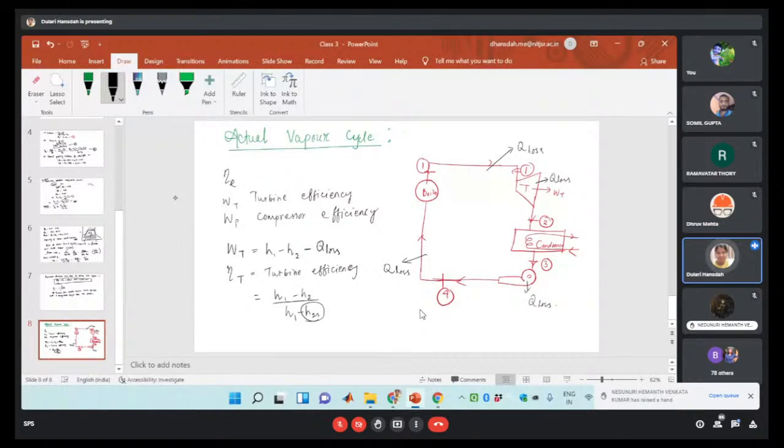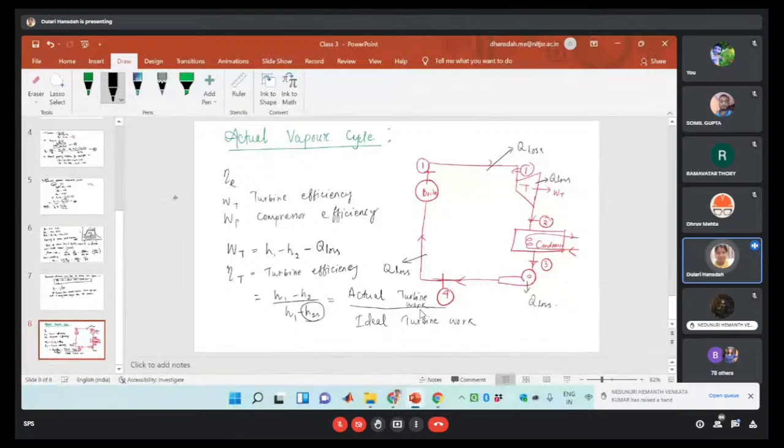So in this case, if you observe, H1 minus H2 is nothing but the actual turbine work. The actual turbine work considers the losses in the process, and H1 minus H2S means the ideal turbine work.